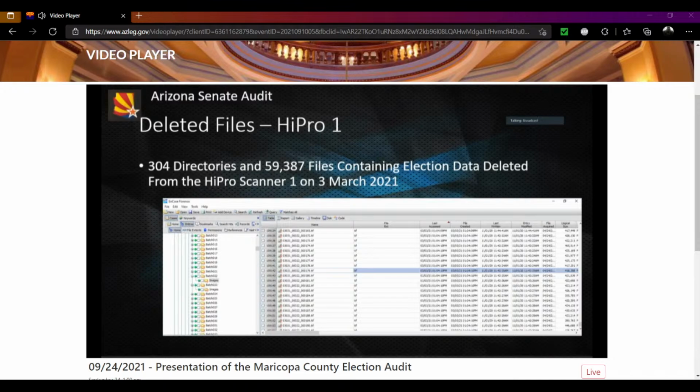Now this becomes kind of important because part of our analysis was to look at the interaction of these scanners, these systems, and how data flowed. You'll notice that that's about a month and a half before they turned that over to us. Next slide.